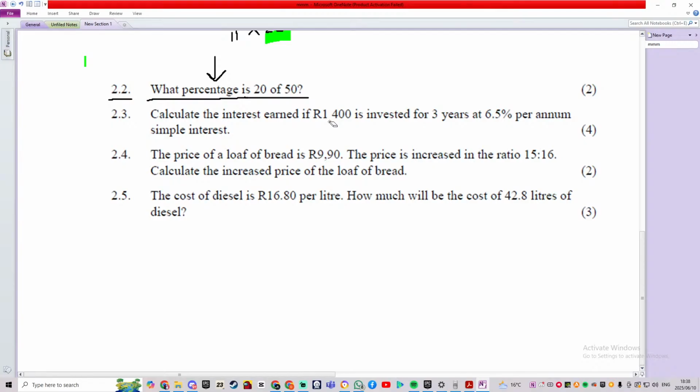Are there any people here who know the simple interest formula? Anybody? If you know the simple interest formula, let's see.